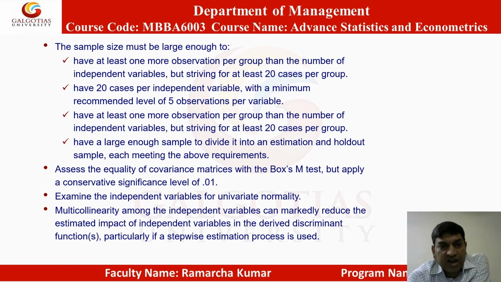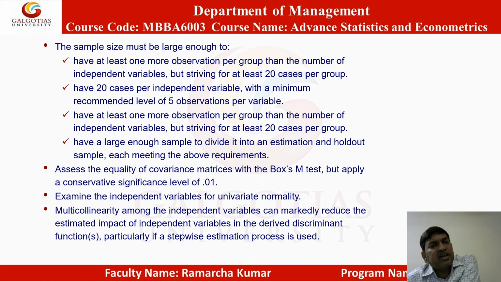Have a large enough sample to divide it into an estimation and holdout sample, each meeting the above requirement. Assess the equality of covariance matrices with the Box's M test, but apply a conservative significance level of 0.1.